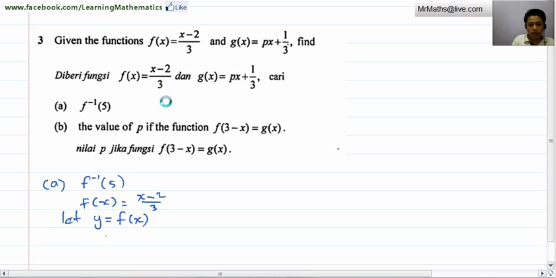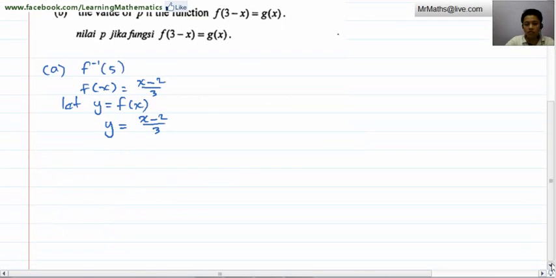Then y is (x minus 2) over 3. What I'm going to show you is how to get the inverse function of f. Then 3y is equal to x minus 2, because we transfer the 3 over to the left hand side.